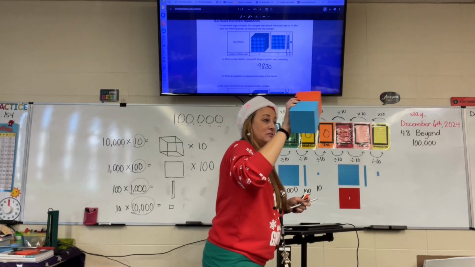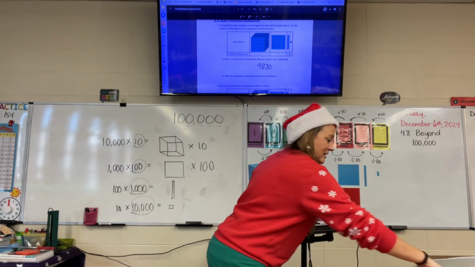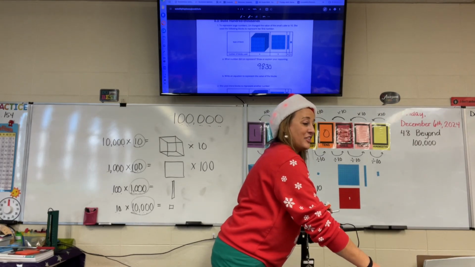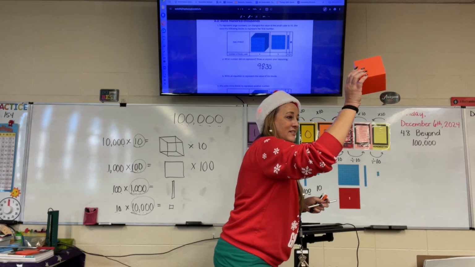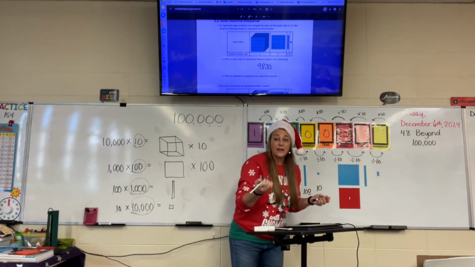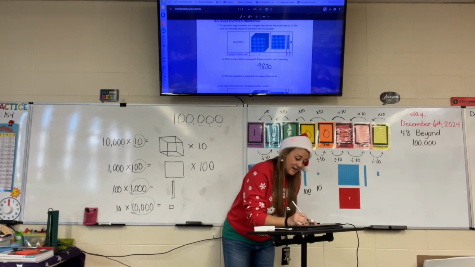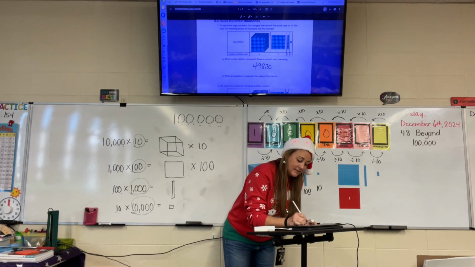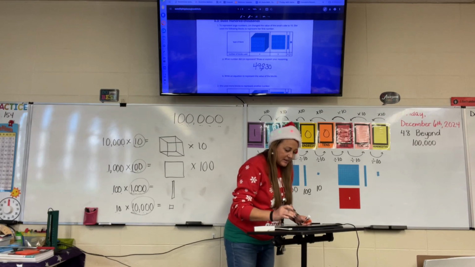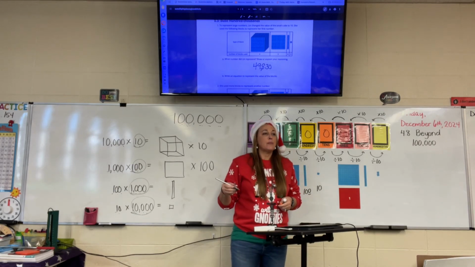Hang on, 20, then another one. 30,000, then another 40. So we don't need to write a 40 because the place is the 10,000. So 49,830. Then it says write an equation to represent the value.